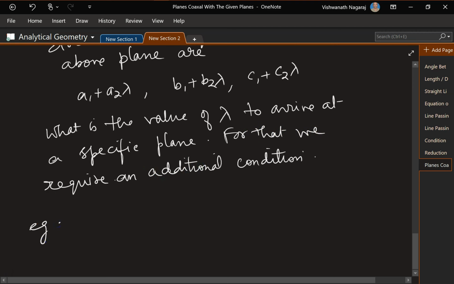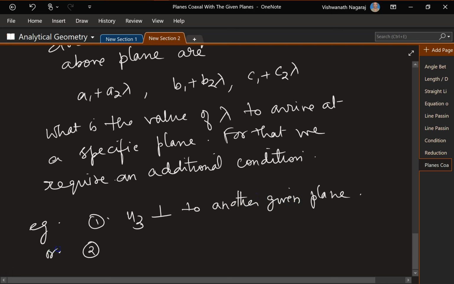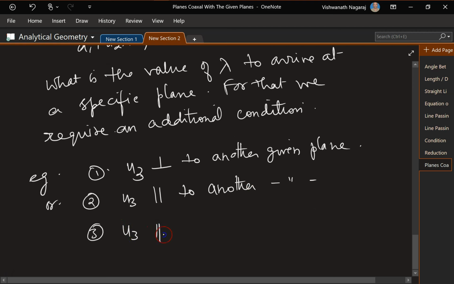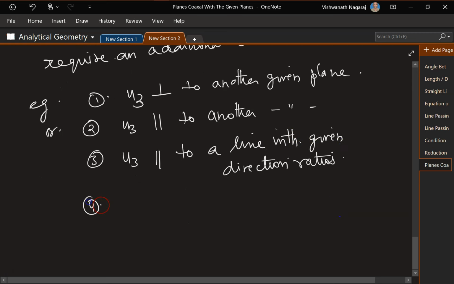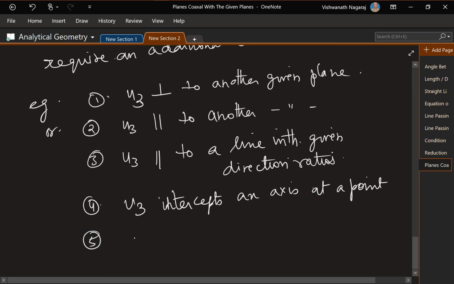Examples of conditions are: u3 is perpendicular to another given plane, or u3 is parallel to another given plane, or u3 is parallel to a line with given direction ratios, or u3 intercepts an axis x, y or z at a point, or a point on the u3 plane.